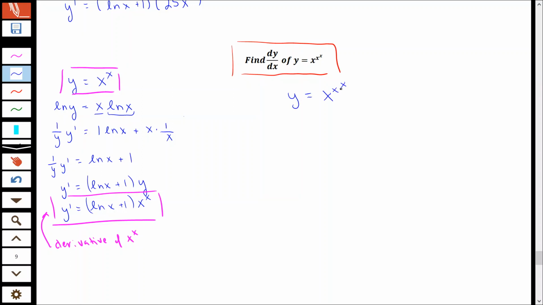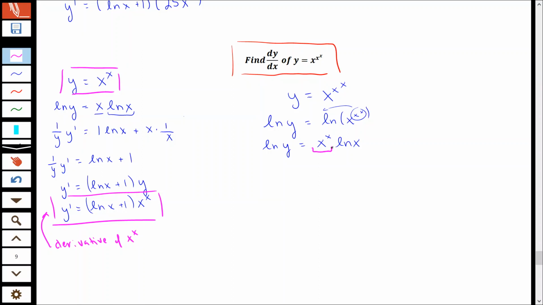It makes solving the actual y is equal to x to the x to the x a little bit simpler. We don't have to do a double ln, because right now, in order to solve this, if I take the ln of both sides, I end up with ln y is equal to this ln of x to the x to the x, and what happens there is that the exponent comes down and out front, and this is okay for us because we actually know what the derivative of x to the x is because we just found that.